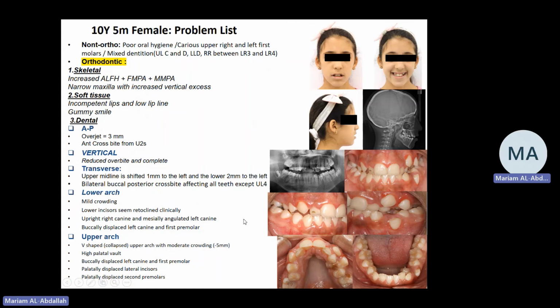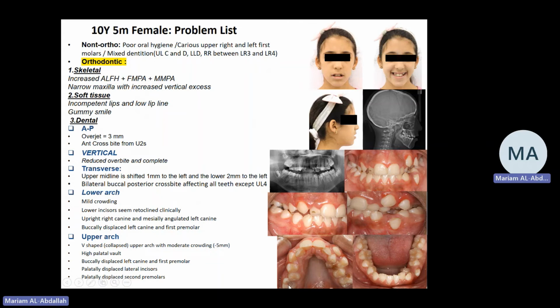Now we come to the lower arch alone. In the lower arch, you can see that we have mild crowding. The D is retained, and the 3 and 4 on the left side are buccally displaced. In the upper arch, we have a V-shaped, narrow maxilla, moderate crowding of about 5 millimeters, retained C, caries on the sixes.